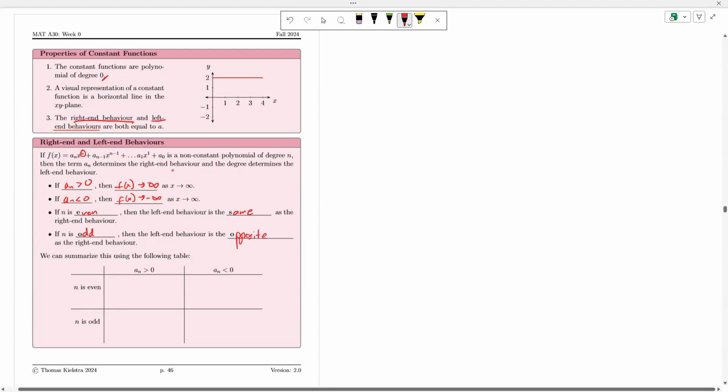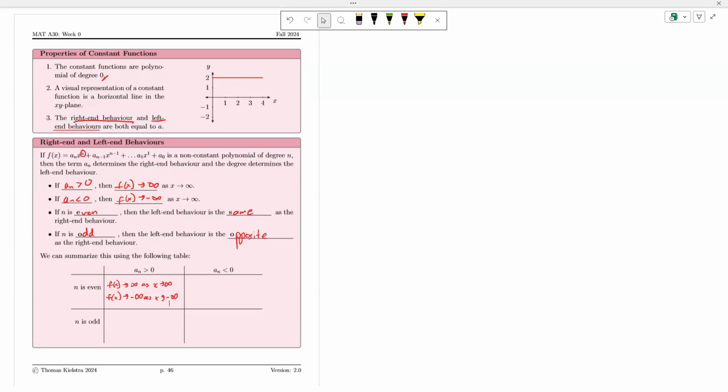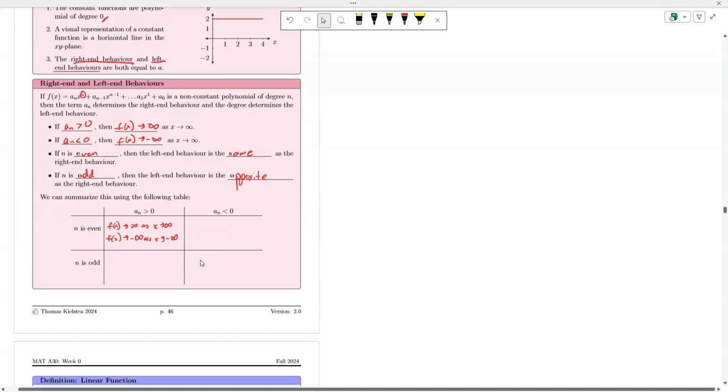So if n is even and a_n is greater than 0, then f of x approaches infinity as x approaches infinity, and f of x approaches infinity as x approaches minus infinity. So the left and the right end behaviors are the same.